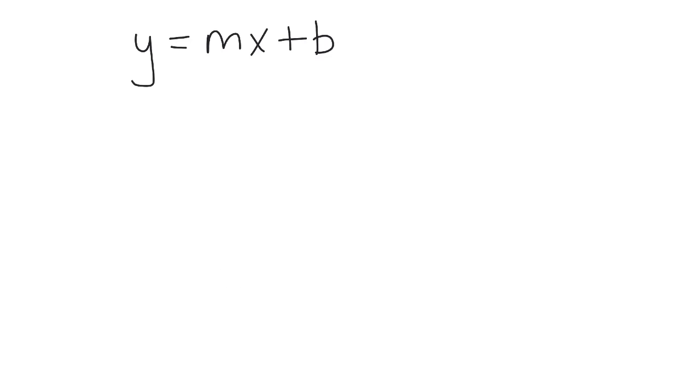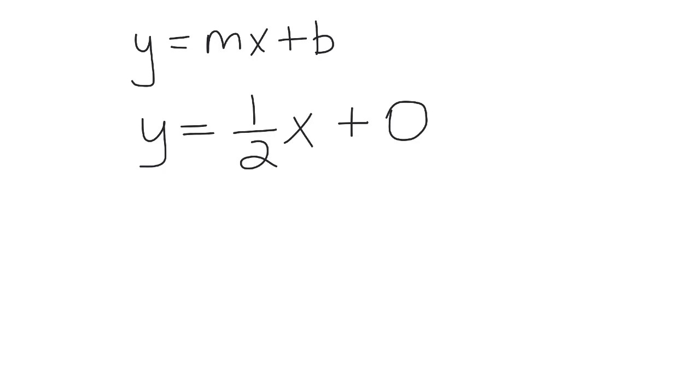Our last step is to write our final equation. All we need to do is go to our template and plug in the values for slope and the y-intercept. So my slope was 1 over 2, and my y-intercept is 0. Now, there really isn't a point to saying plus 0 because that's like saying plus nothing, so we can actually go ahead and leave that out.